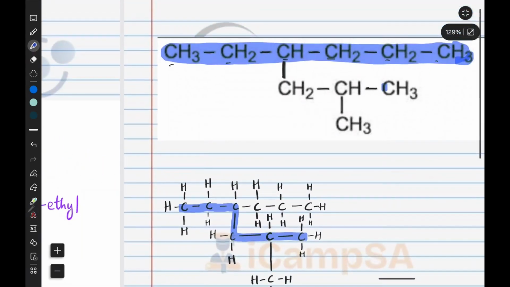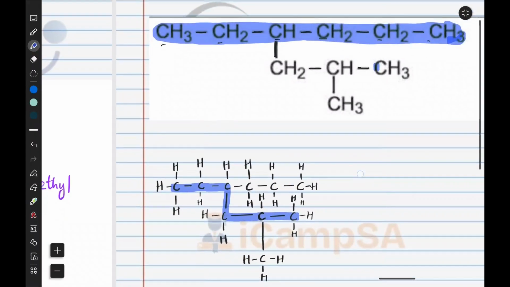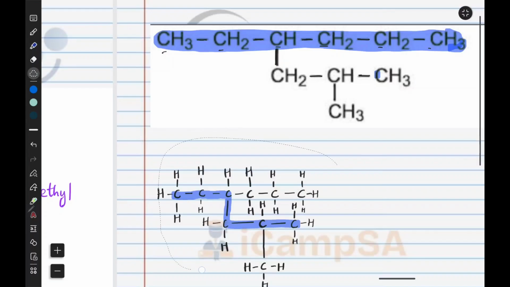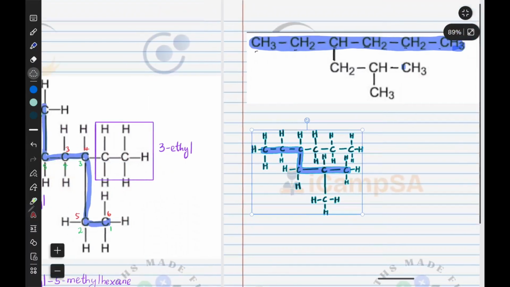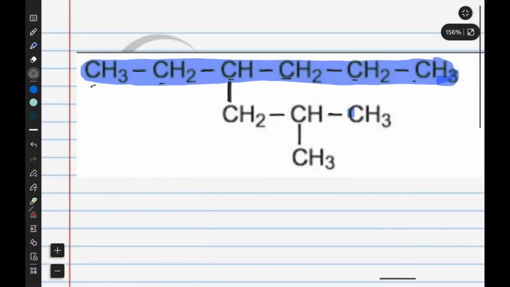All right, so there are about 2 ways to name this one. So we'll do both of them. So let's move it there, and then we see this one.